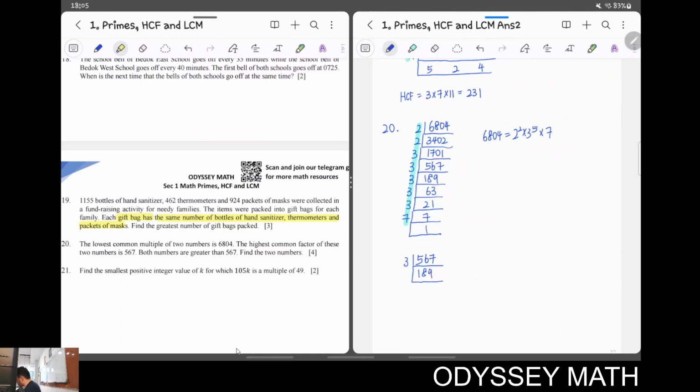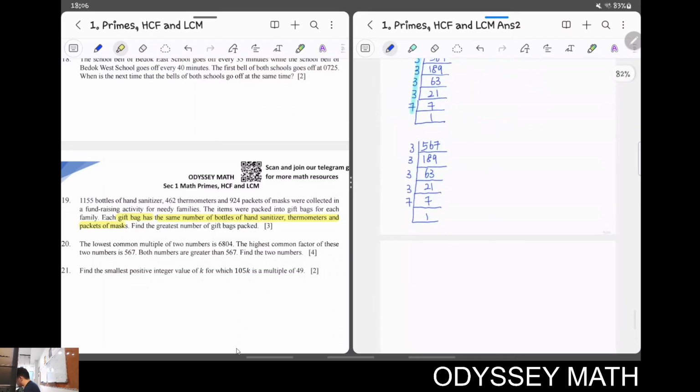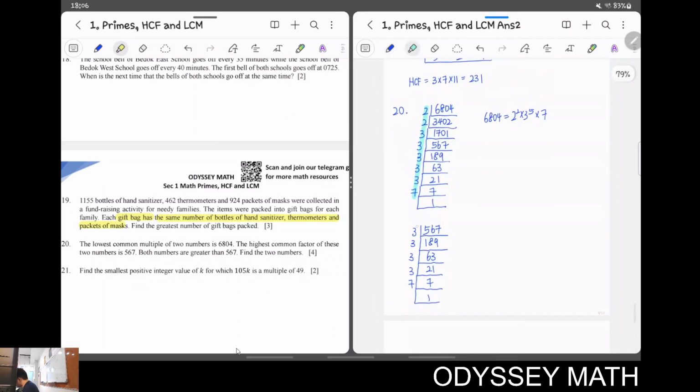Divide by 3, 63. Divide by 3, 21. Divide by 3, 7. Divide by 7, 1. So that means 567 is equal to 3 to the power of 4 times 7.